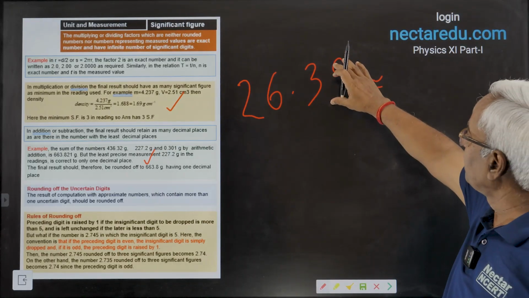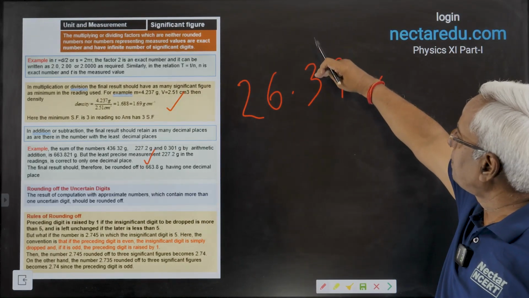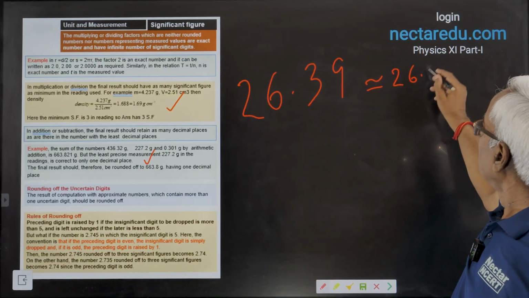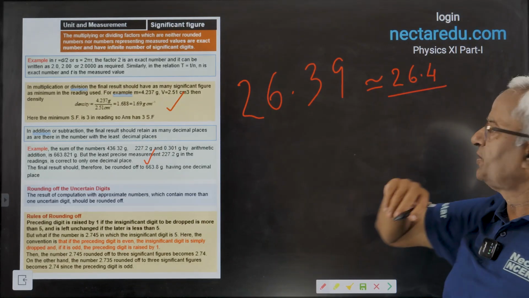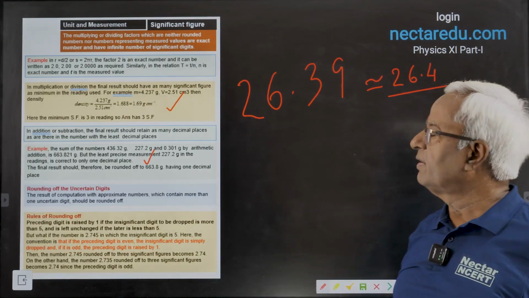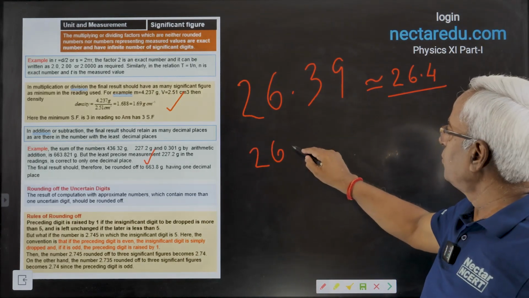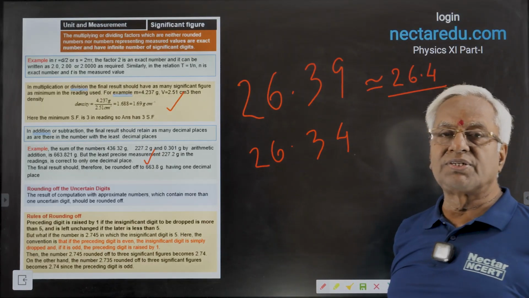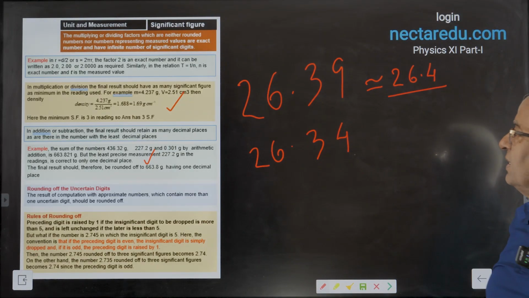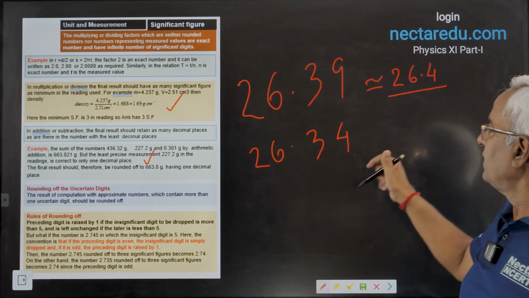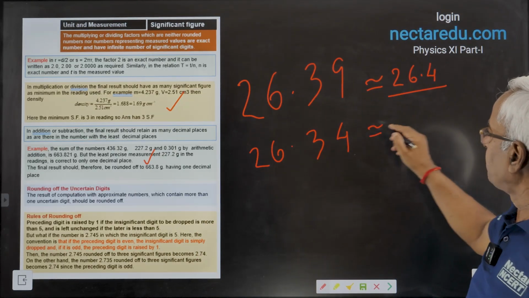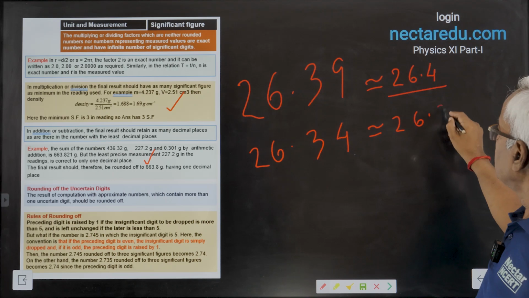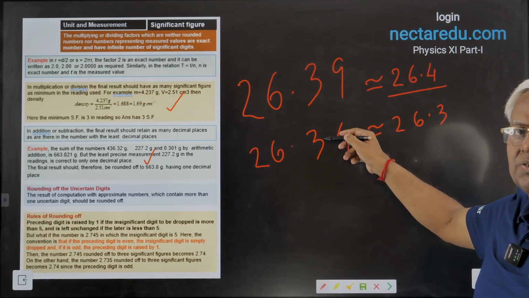If it is greater than 5, simply raise the preceding digit by 1. This is the method of rounding. Now, suppose the last digit to be removed, to be rounded off, is less than 5. Then in that case, you simply retain the previous digit, no change at all. This will be retained as such.